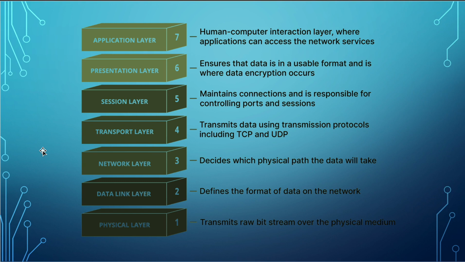Okay, so the physical layer transmits raw bit streams over a physical medium. The data link layer defines the format of the data on the network. The network layer decides which physical path the data will take. The transport layer transmits data using transmission protocols including TCP and UDP.